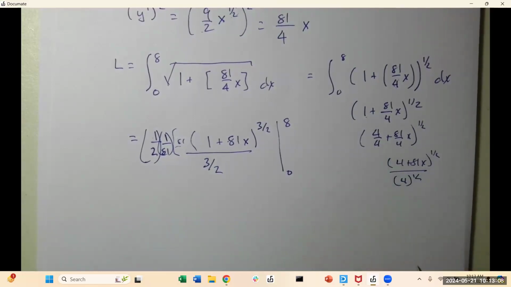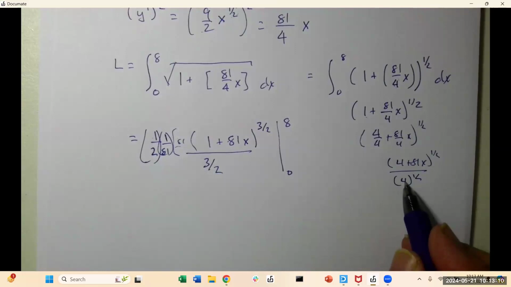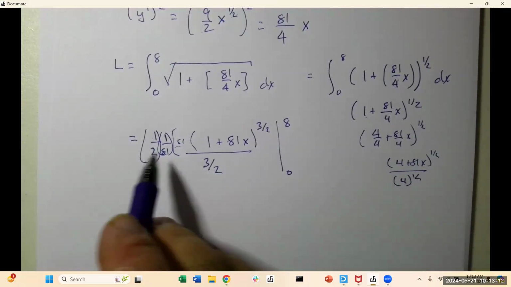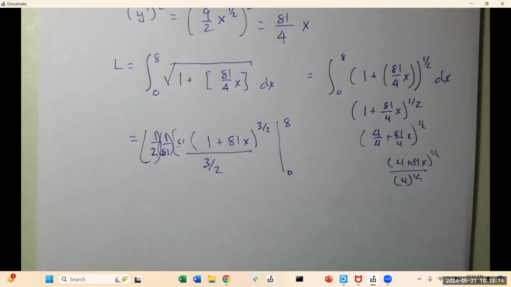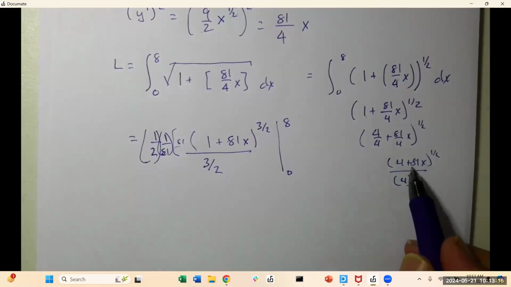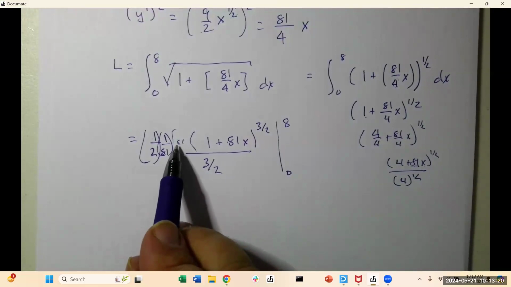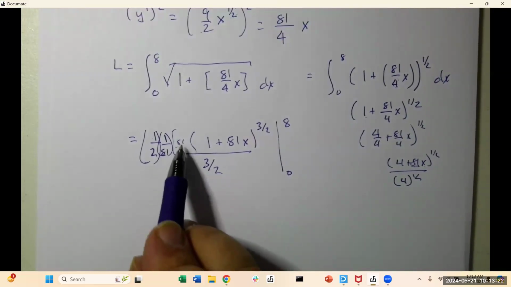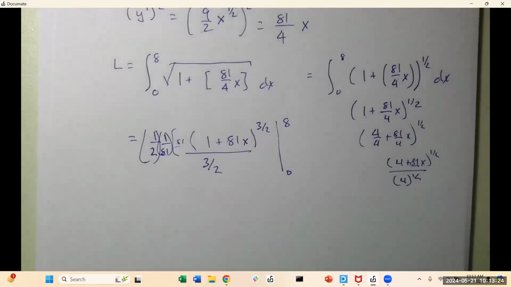Since I have a common denominator, 4 to the power 1/2 is the square root of 4, which is 2, so 1/2 comes out in front. And then we have to get the derivative of 81x, which is 81. We don't have an 81 in front, so we have to put an 81 and then cancel it by 1 over 81.